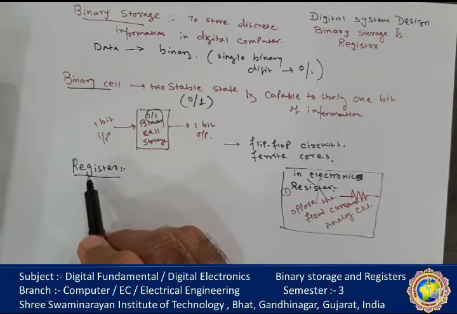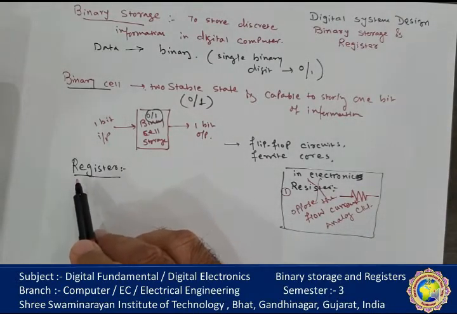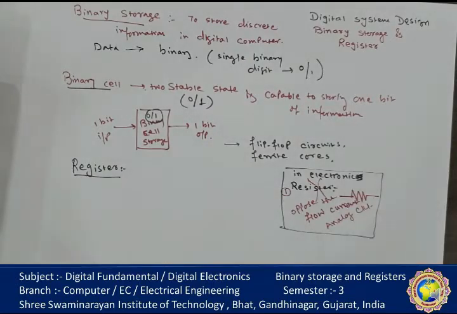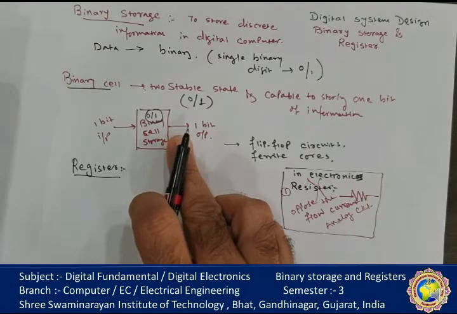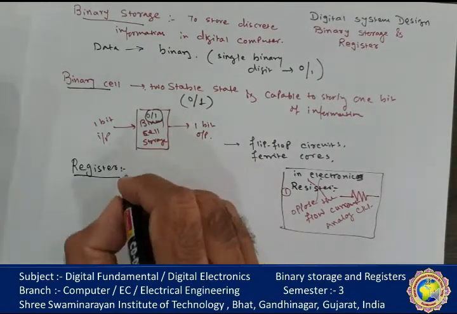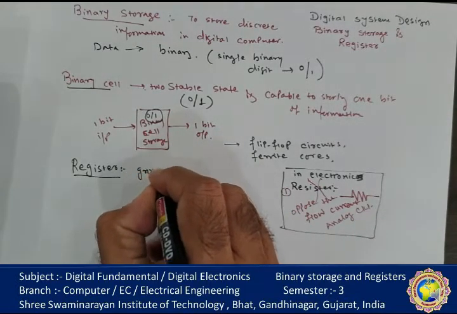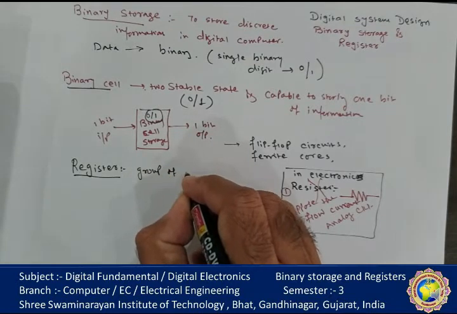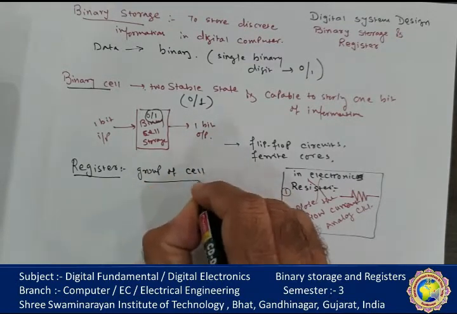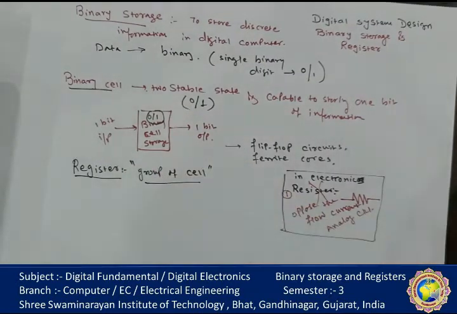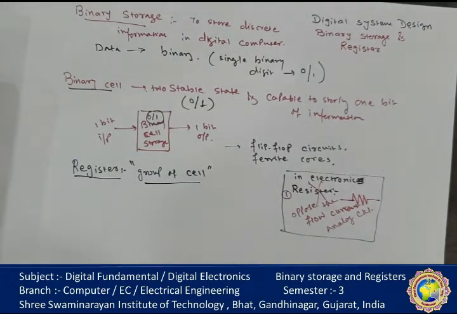But remember, here the G is there. So this is a digital device, and the register is a group of binary cells. Here we discussed that the binary cell is 1 bit. So a register is a group of binary cells, like a dozen bananas, a group of bananas.